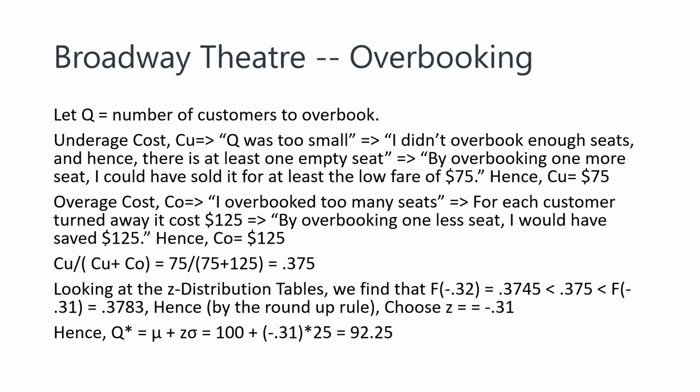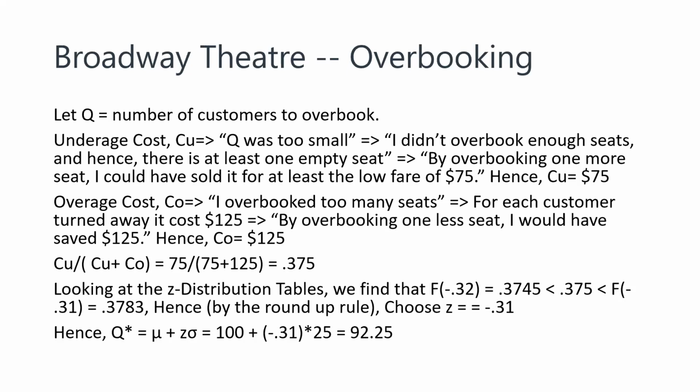So the critical ratio F(Q) is equal to Cu divided by Cu plus Co. So I got 0.375. You can imagine in that bell curve, 0.375 is less than 0.5, so your z value is going to be negative. So you find it in the distribution table.